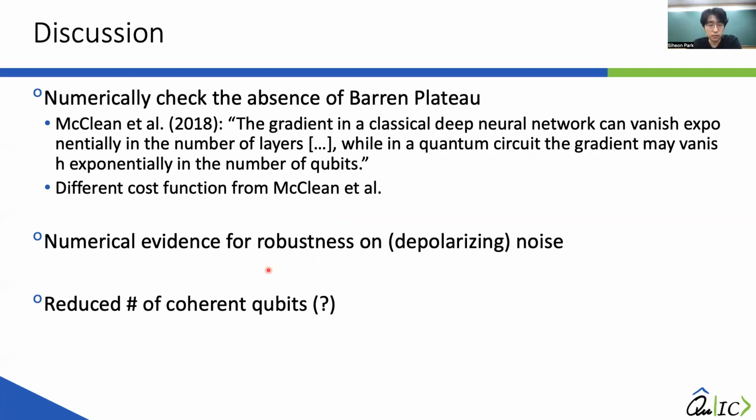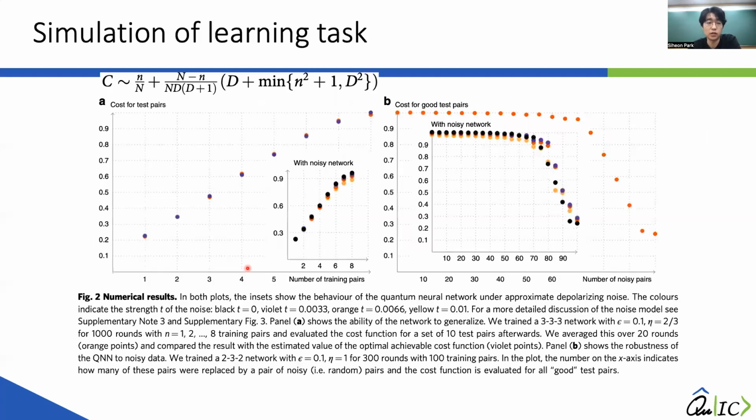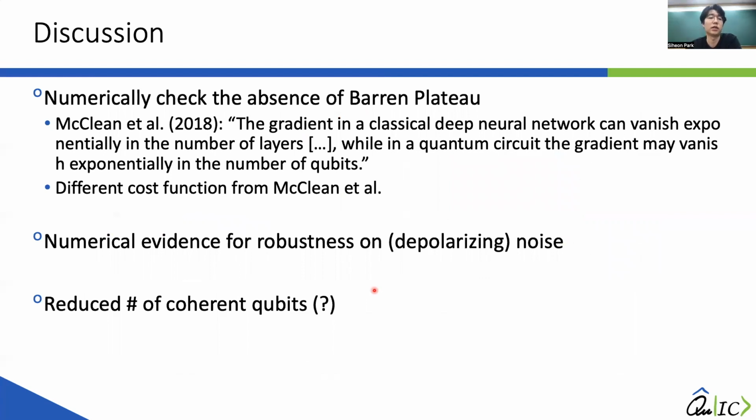Also, they showed some evidence for robustness not only to the training pair noise, but also to depolarizing noise in the unitaries. The inset figures show their result, and as you can see, it is very robust.